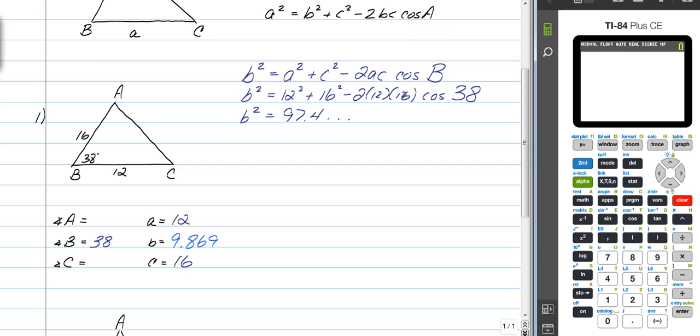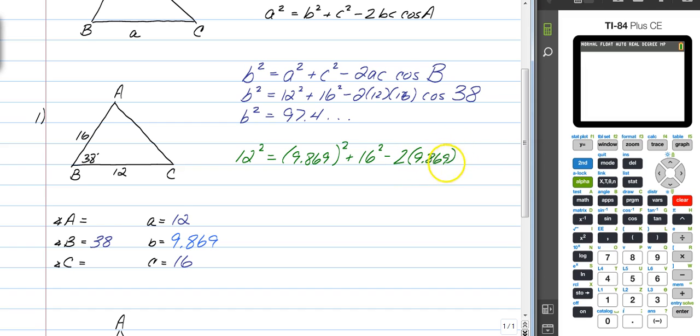So we know that a is 12, so we're going to set this up as 12 squared is equal to, we now know that b is 9.869, squared, plus c squared, which is 16 squared, minus 2 times b, which is 9.869, times c, which is 16.